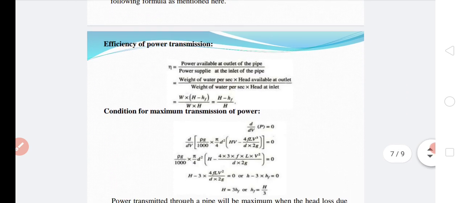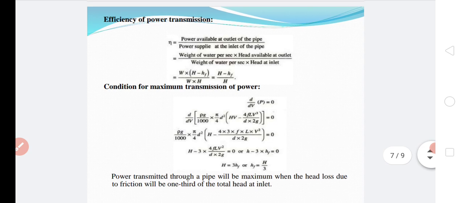Now the efficiency of the power transmission. Efficiency, as we already know, is outlet by inlet.